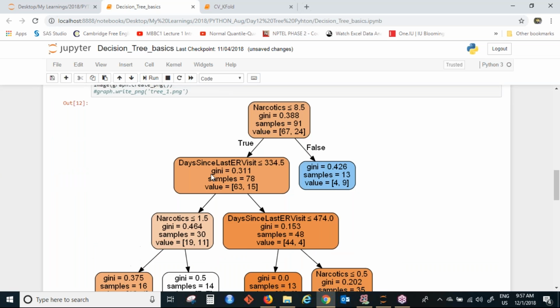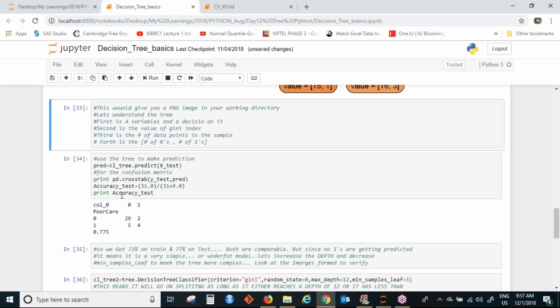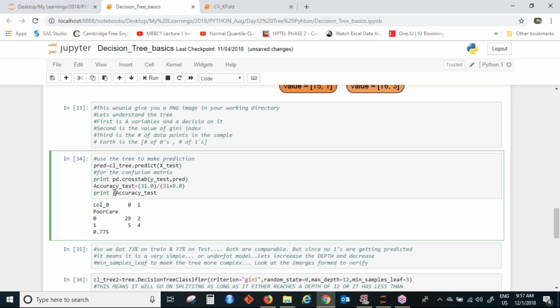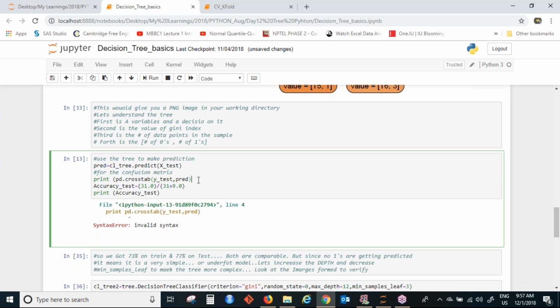So this is the decision tree that we have here. Now let us see the accuracies.